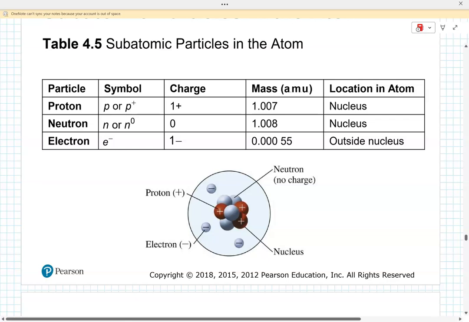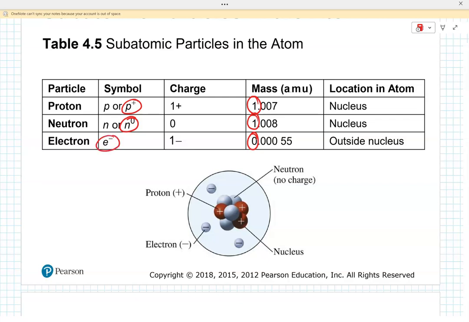So just, again, when we talk about mass, these numbers are what matters. Okay? And the symbols you can see, if we talk about protons, they sometimes have a plus. Neutrons sometimes have 0, meaning that they're not charged, and electrons have minus to show that it's negative.